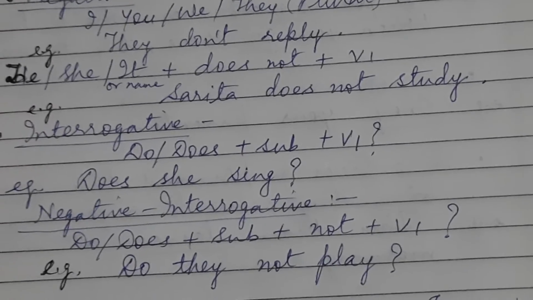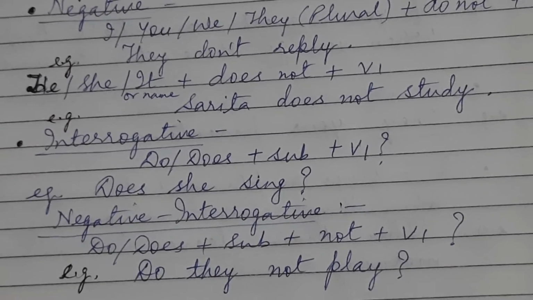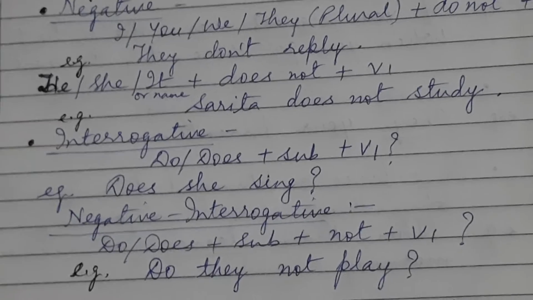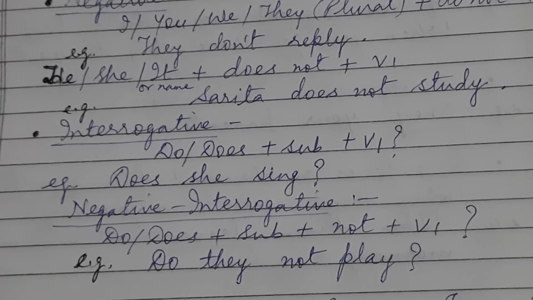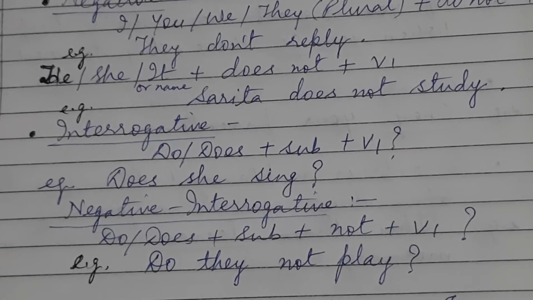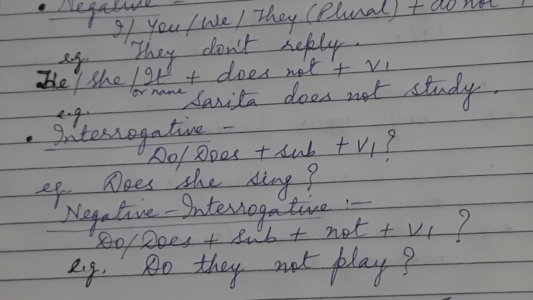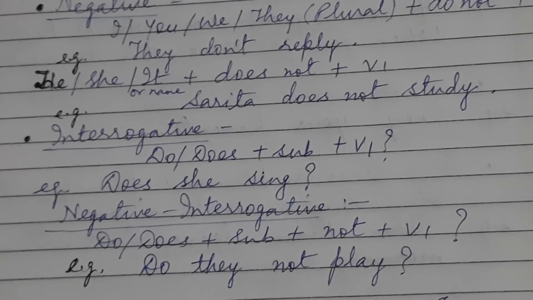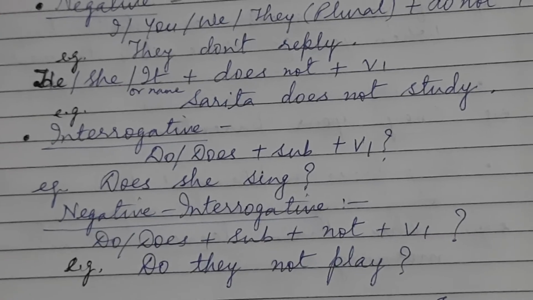So the first form of the verb is used in all the kinds of sentences here in simple present tense. An example we can take: do they not play? Okay, do they not write? Or does he not sing? Does she not dance?